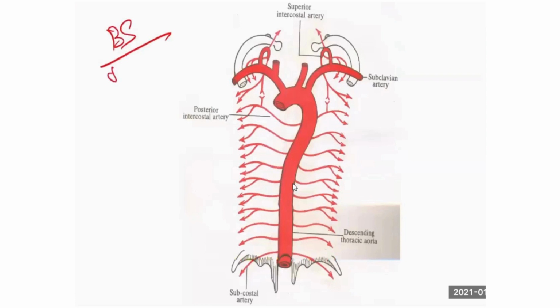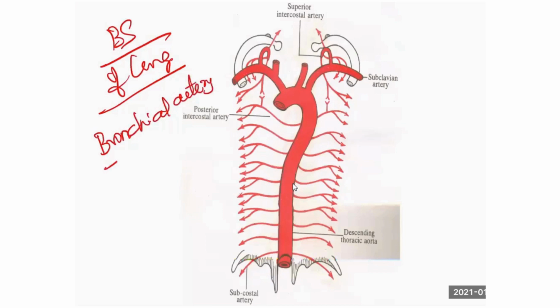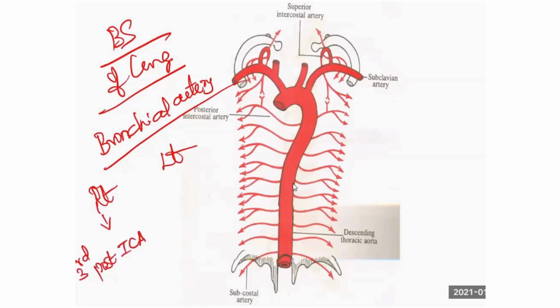What blood supply of the lung do you expect? Bronchial artery. The pulmonary artery or pulmonary vein are not the major supply; they are entering and leaving. That's all. The main blood supply, for the right lung, arises from the third posterior intercostal artery.